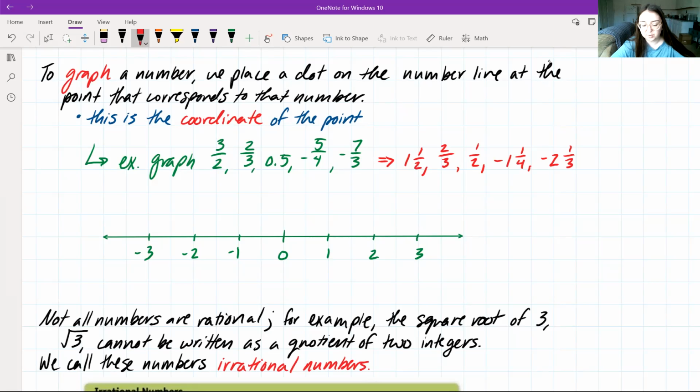So it always helps to change those values first. Beginning with 1 and 1/2, now we just need to identify 1 and 1/2. So 1 and 1/2 is the point between 1 and 2. On our number line, there is a line there between 1 and 2. So we'll say that this point here is 1 and 1/2.